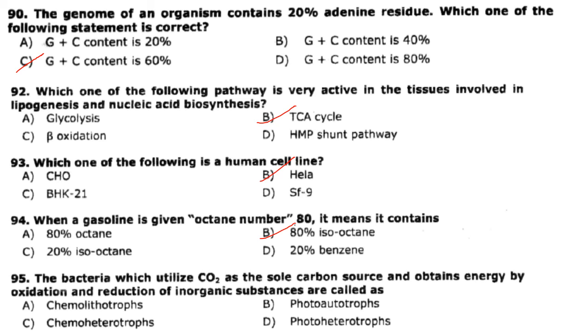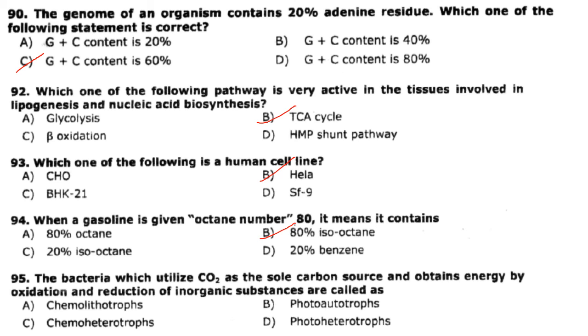Which one of the following pathway is very active in the tissues involved in lipogenesis and nucleic acid biosynthesis? So it will be TCA cycle, that will be very active in tissues involved in lipogenesis and nucleic acid biosynthesis. Answer is option B. And which one of the following is a human cell line?